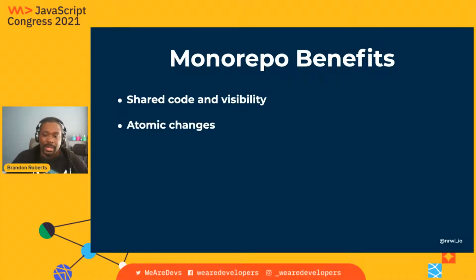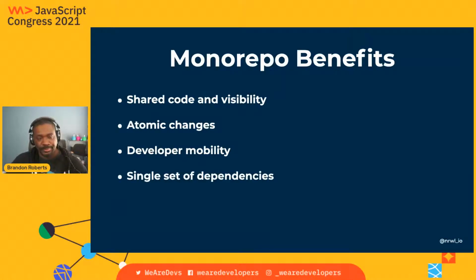We want to be able to make changes across boundaries of applications without having to coordinate across multiple repos. Developer mobility, which talks about onboarding, creates a consistent way for developers to be able to do certain things in the project, even if those things span different tools and technologies.